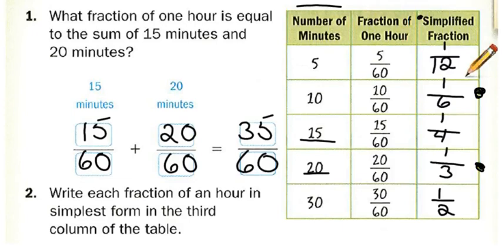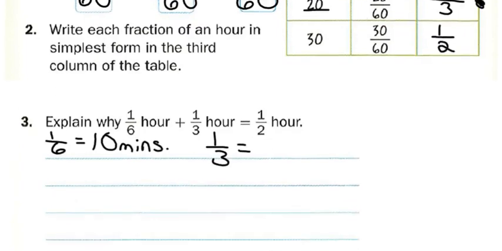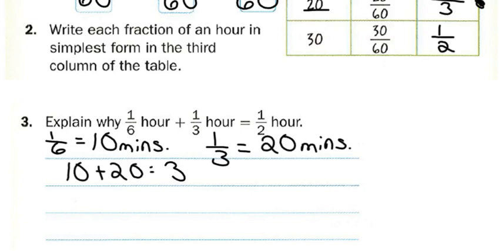Look at the number of minutes that is. 1/6 is equal to 10 minutes. So 1/6 equals 10 minutes. And then 1/3 is actually equal to, scroll up a little here, 20 minutes. If I add 10 and 20 together, that gives me 30 minutes.